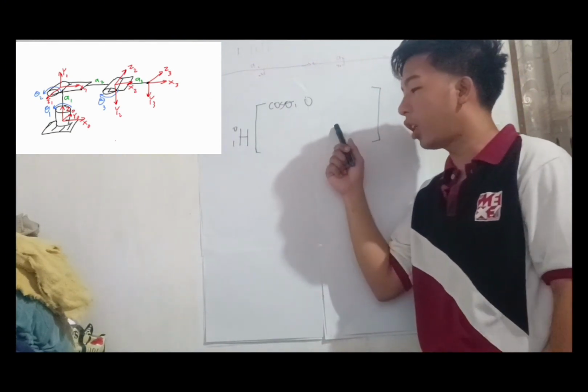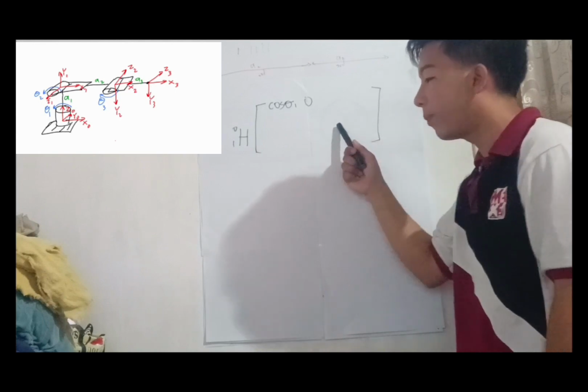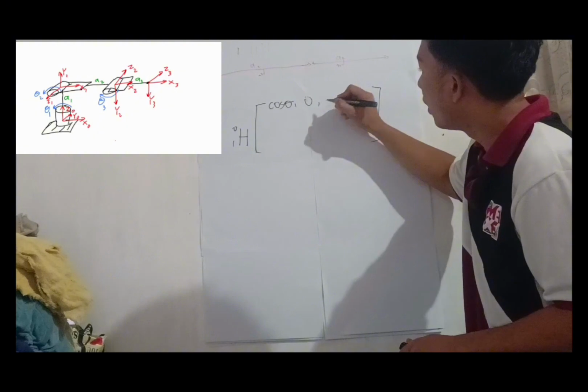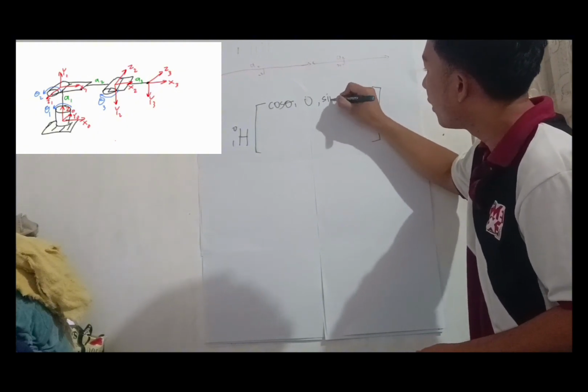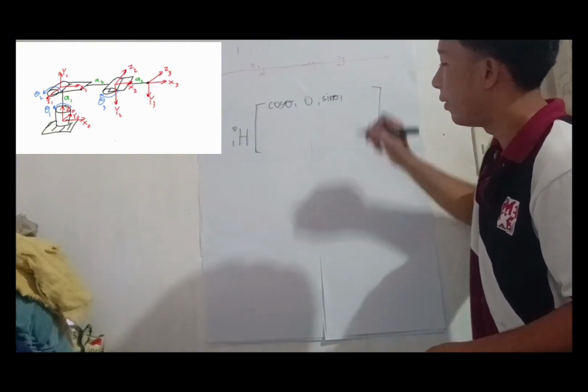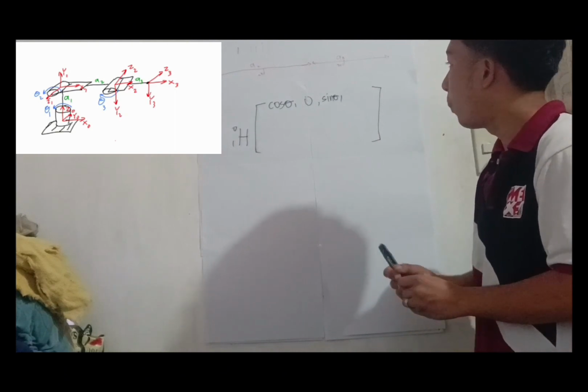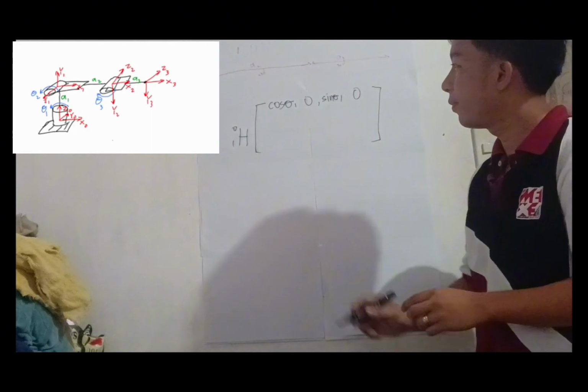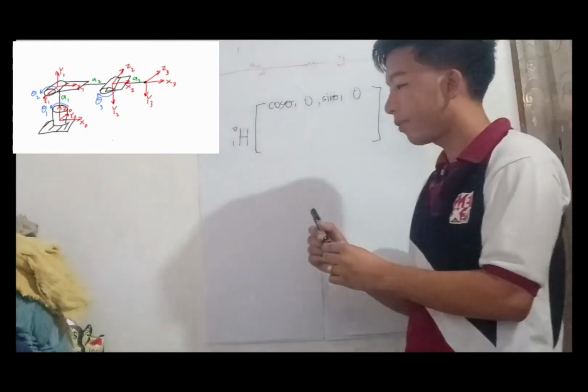This is the distance along the x-axis of the base frame, representing the link length. So, this is sin theta 1. The fourth row is 0.